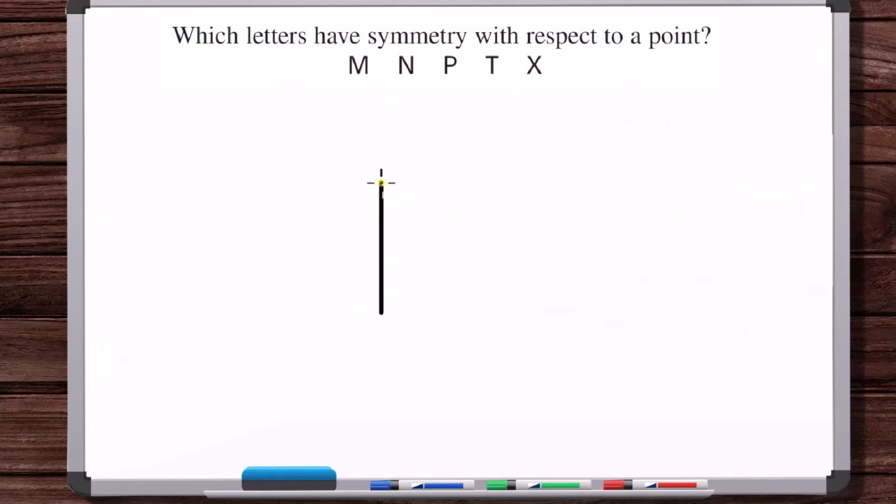Okay, let's do N. So we know if it's going to have a point of symmetry, it has to be somewhere in this middle region. It has to be. So let's put the point here. Okay, now let's see. Corresponding point, that's right.